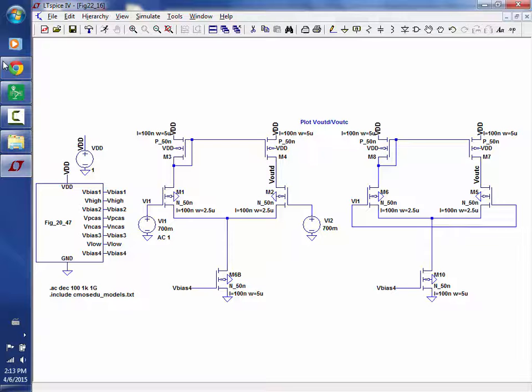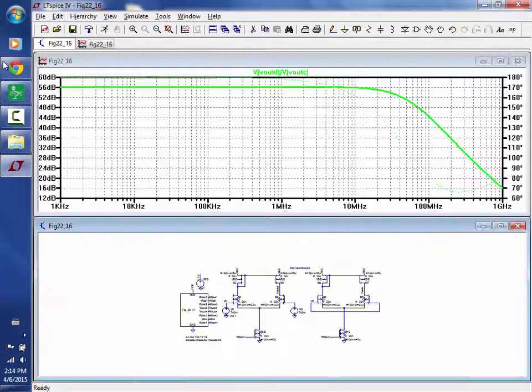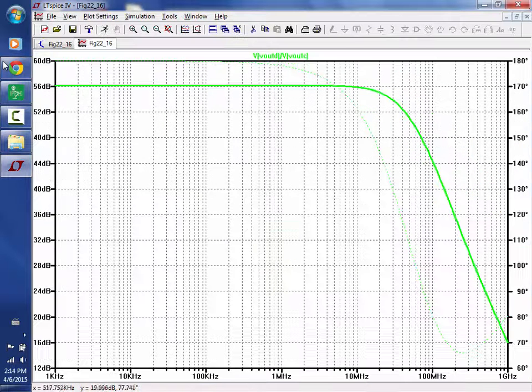Because now I've still got the same current, still set by 20 microamps or 10 microamps, through these two transistors, right? What do you think is going to happen to the common mode rejection ratio? Well, according to the equation I derived, it's going to drop because now my output resistance is R out instead of R out cascode. So I go look and I say, ooh, now it's only 56 dB instead of 80 whatever it was.